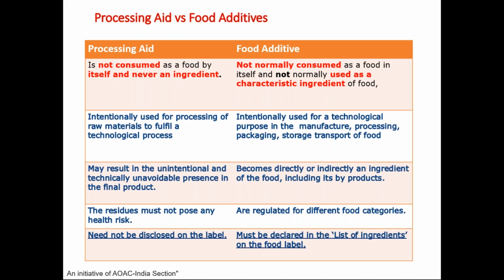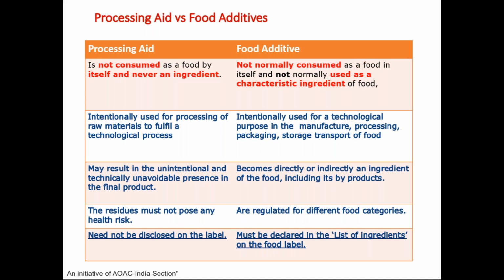The main difference between a processing aid and a food additive in our regulation is that a processing aid need not be disclosed on the label, whereas a food additive, in whatever amounts it is used, must be declared in the list of ingredients.